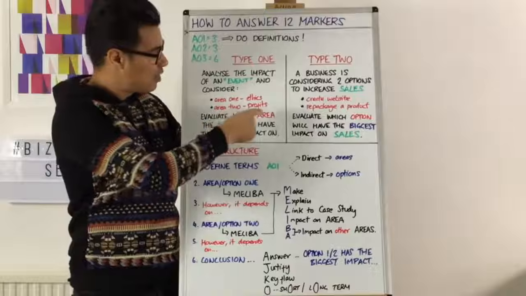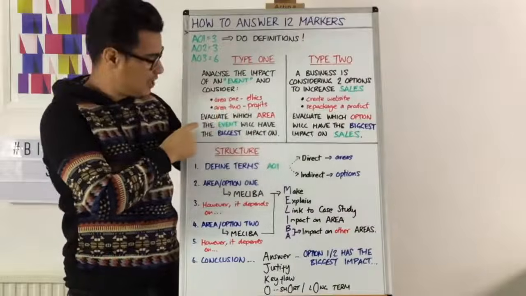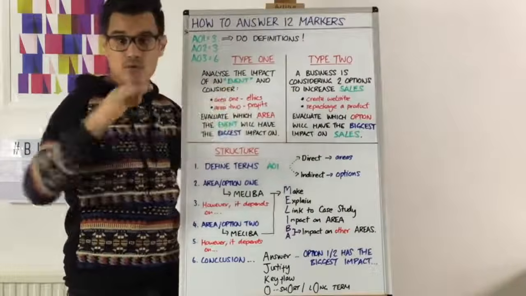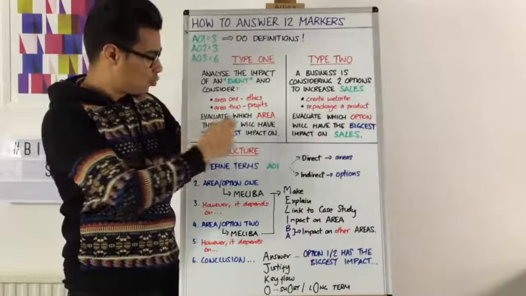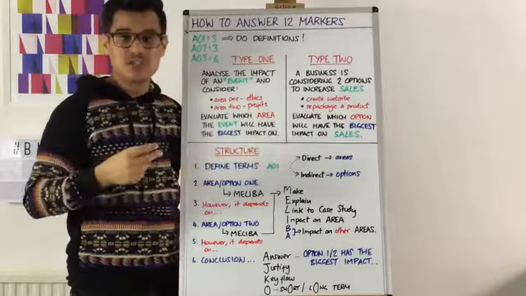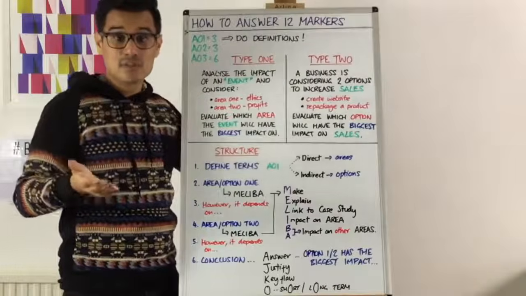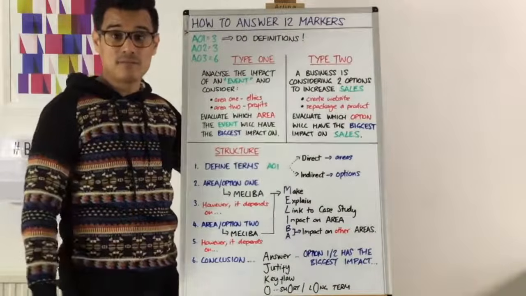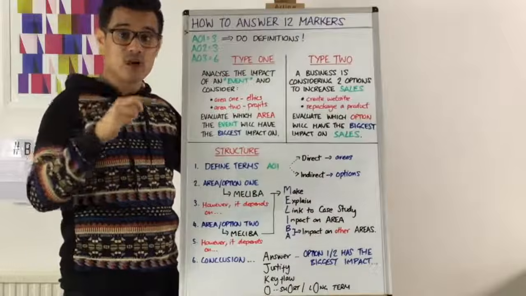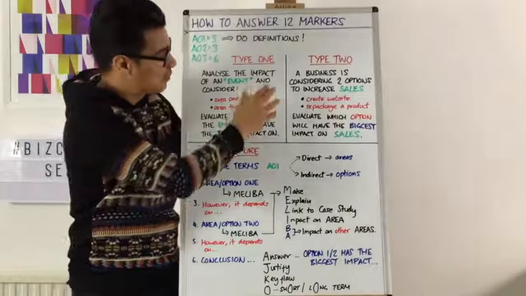And evaluate which area, being the 2 bullet points that you'll see, the event, in this case, moving the factory abroad, will have the biggest impact on. So you need to decide this event, which 2 of these points is the most important, which is going to have the biggest impact.